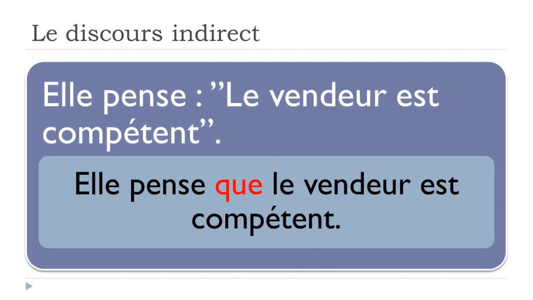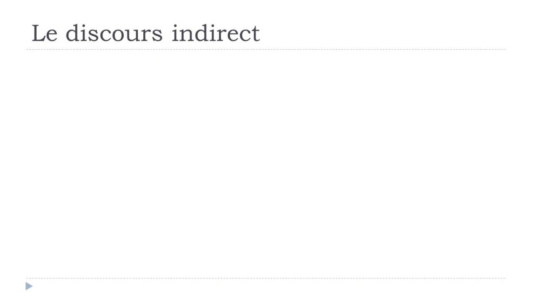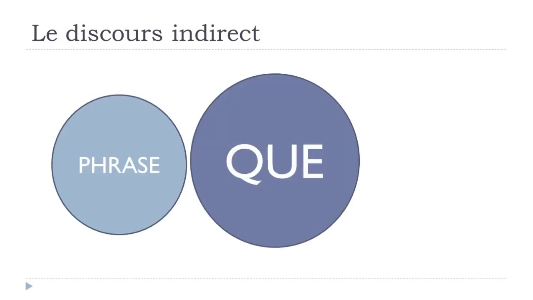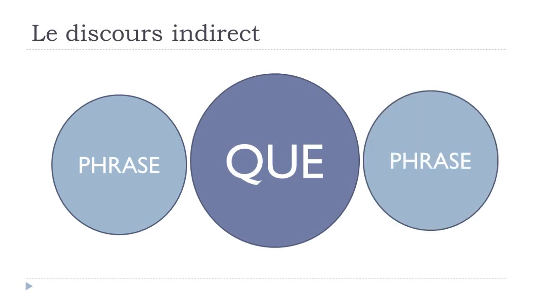Okay, but we'll see in this video that in some cases when you modify and make this discours indirect, you will have some quite important modifications in your sentence, okay? But the rule goes like this: you will first have the first part of the sentence, then you will have your que, that, and then the sentence will continue. Okay, so that's the whole concept of this discours indirect.